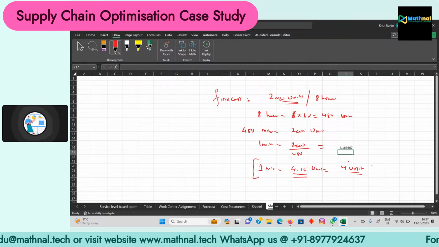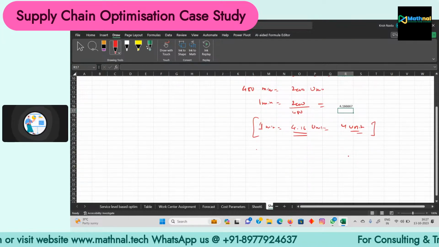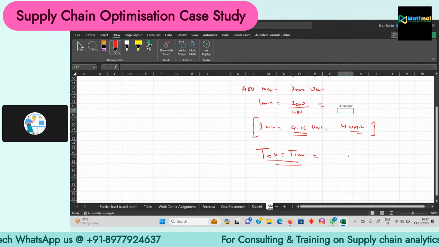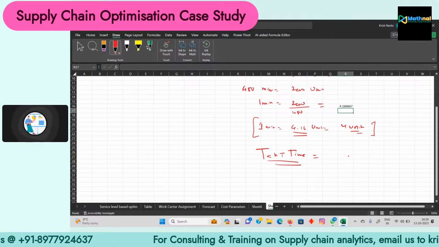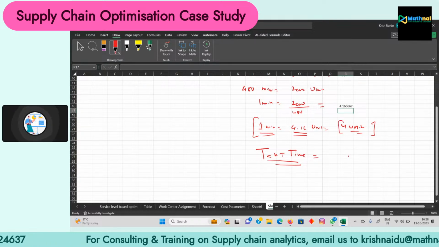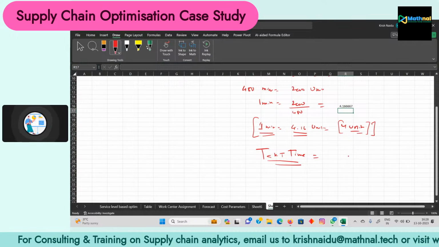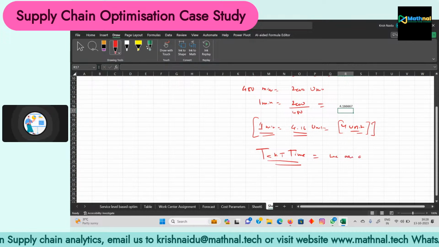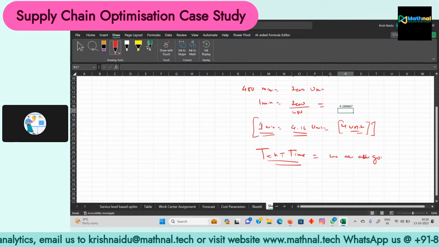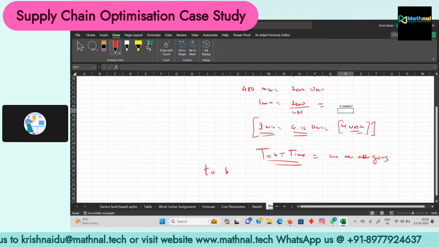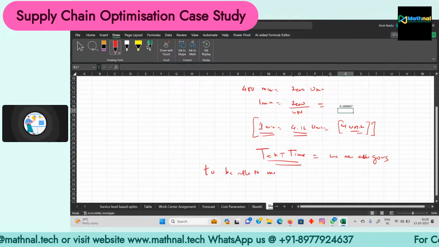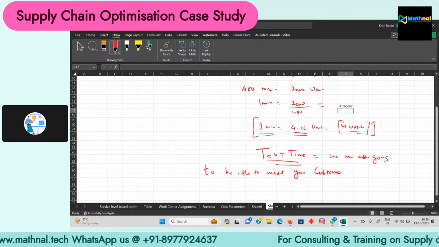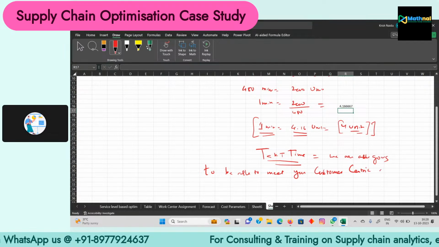So this particular concept is called takt time. So in 1 minute, you need to produce 4 units. If you produce 4 units in 1 minute, we are going to be able to meet our customer centric objectives.